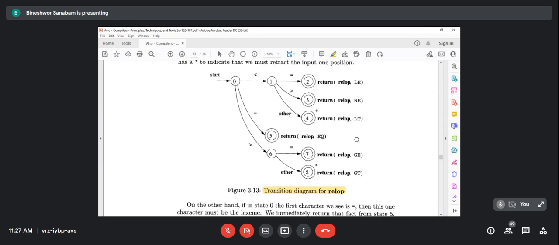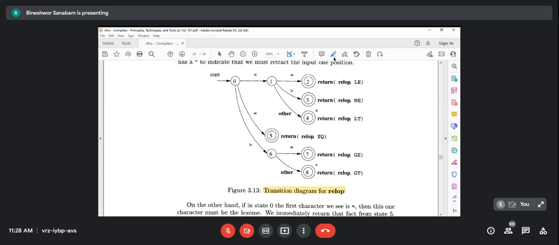This is how transition diagrams help in identifying particular tokens, because otherwise it gives confusion. If the compiler only reads the less than and concludes that it's just less than, then it becomes inaccurate if we find equal to in the next character.